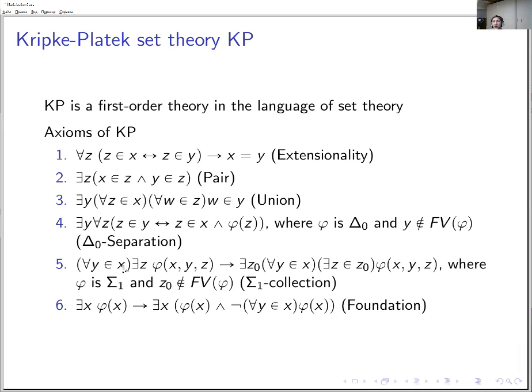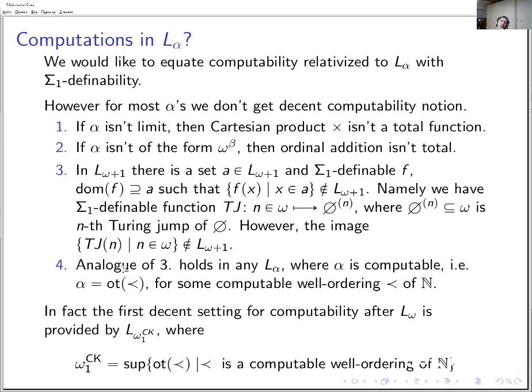But replacement is actually a more restrictive axiom, because in order to apply it you need not just to guarantee that something exists, but that there exists a unique object with the given property. So collection is easier to apply. If we go back to our discussion of computation, collection corresponds to this property.